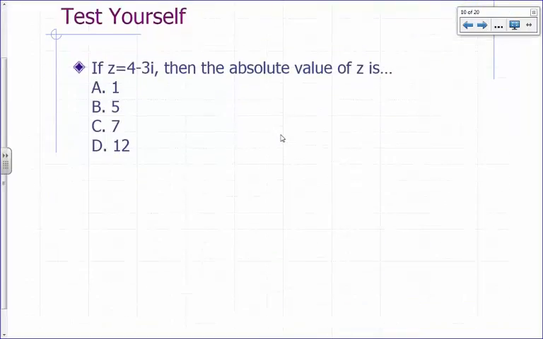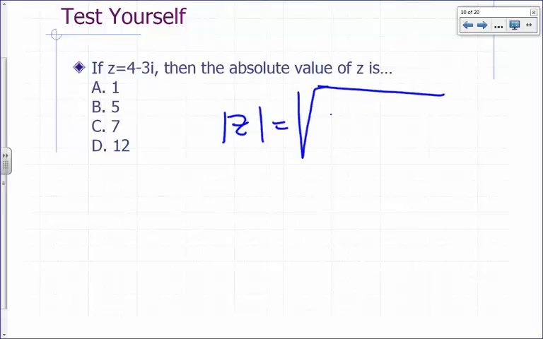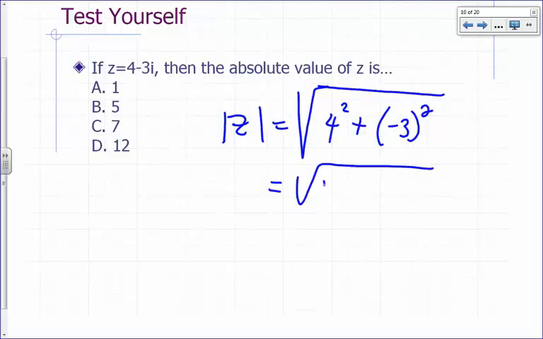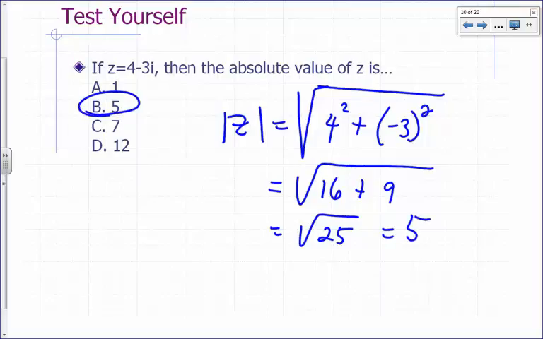So if z is equal to 4 minus 3i, what's the absolute value of z? Square root of a squared plus b squared, which is the square root of 16 plus 9, square root of 25. It's 5. Okay?